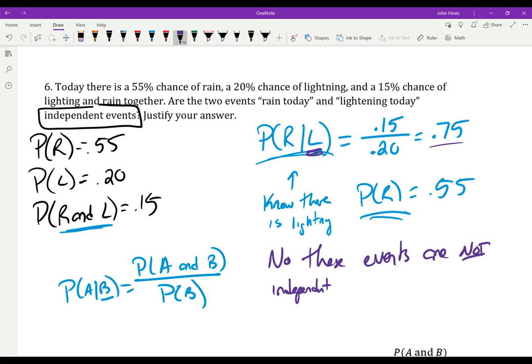Knowing there's lightning occurring increases the chance of rain from 55 to 75. No, these events are not independent because P of R does not equal P of R given L. So that's how we test for independence. Is my conditional probability the same as the plain old probability? Did knowing that extra condition change the probability of that event occurring? I'll see you guys in the next video with less Titanic music and less My Heart Will Go On.